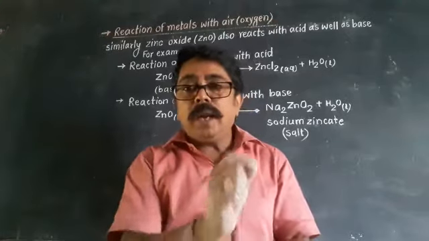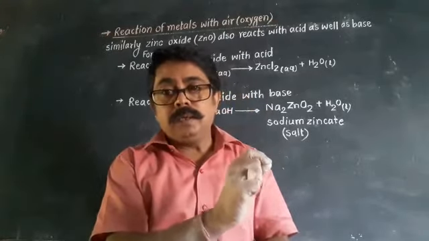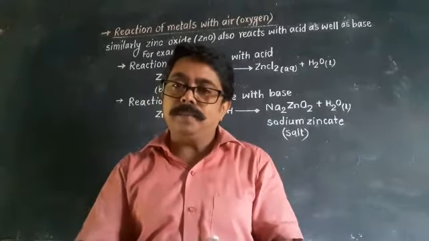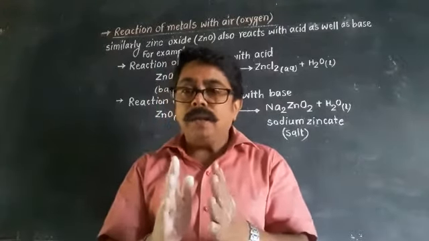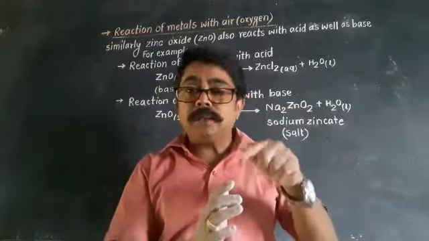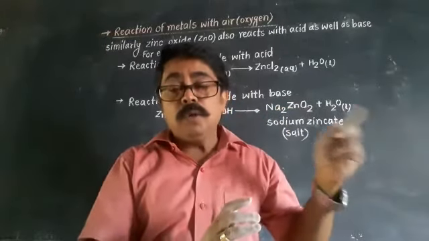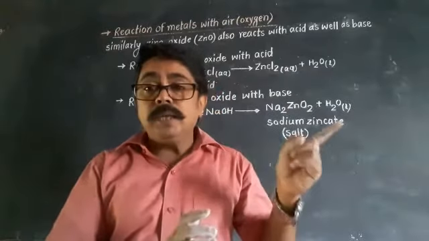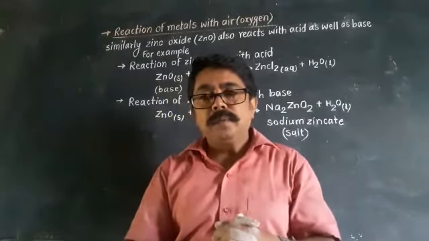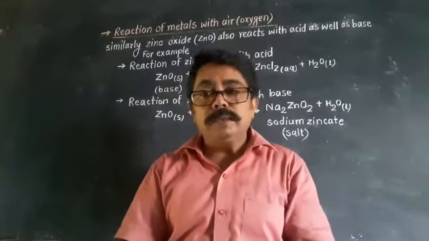When it reacts with acid, this zinc oxide will show its basic behavior. Whereas when it reacts with the base, it is itself a base, but it can react with the base. When it reacts with the base, it will show its acidic character. Clear? Look at the board and see its reaction.